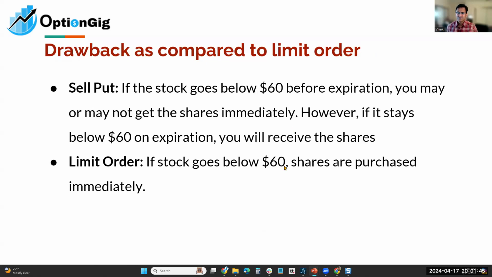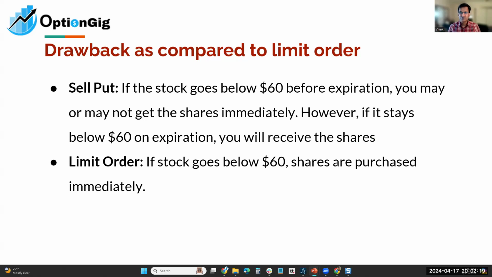What could be a drawback? Oh, I see only one drawback here. If a stock goes below 60 before expiration, you may not get the stock. There are different factors that govern whether we get put the stock or not before expiration. But if it stays below 60 at the end of expiration, you will definitely receive the shares. Say expiration is 17th May.